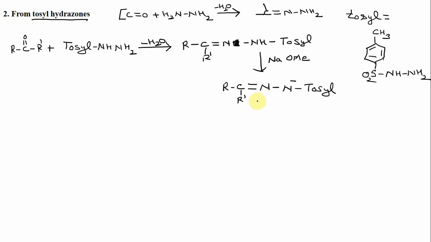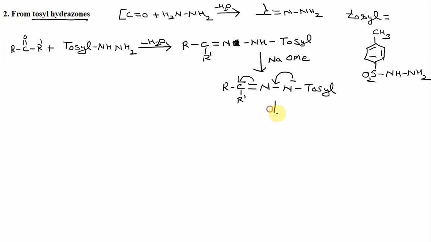In the next step, resonance occurs and this negative charge moves over here. These pi electrons move over carbon.